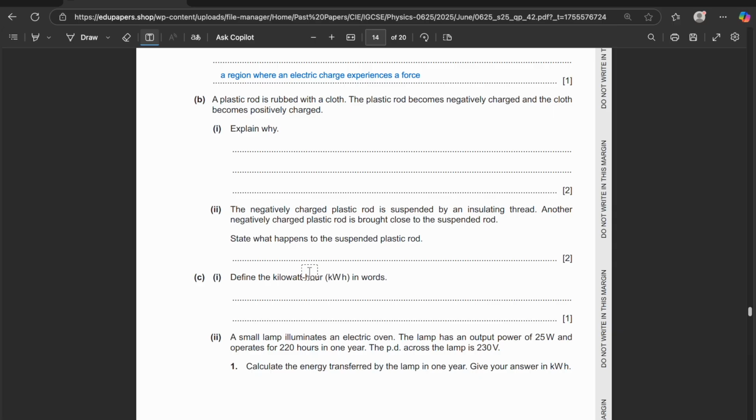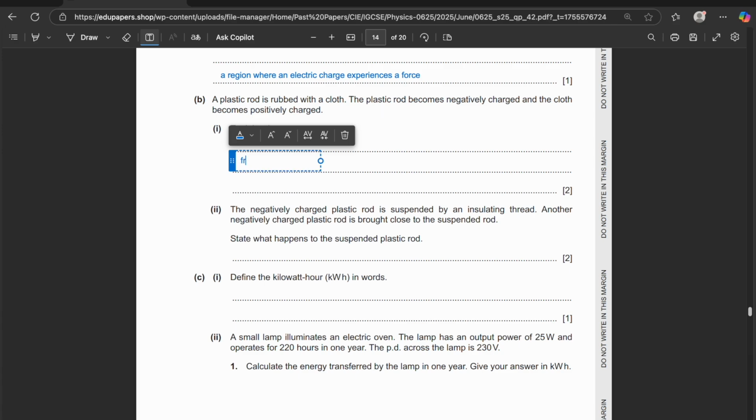Explain why. So this is like static electricity, right? Because of the friction, it causes the electrons to move. When the plastic rod becomes negatively charged, it means that the electrons from the cloth are transferred to the rod.